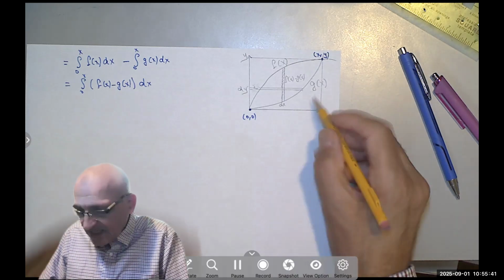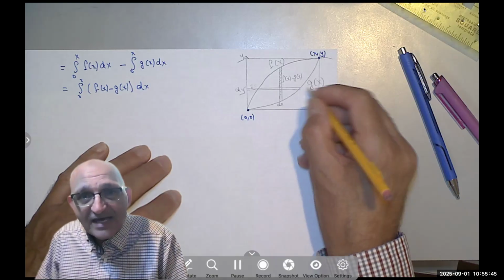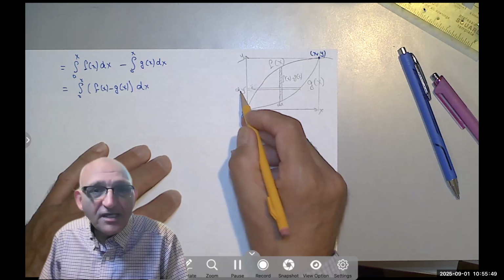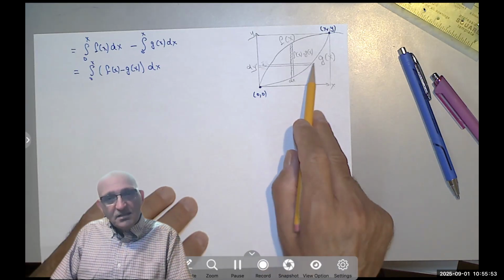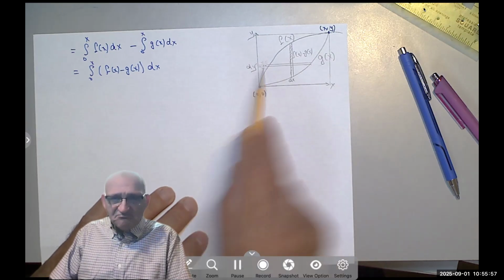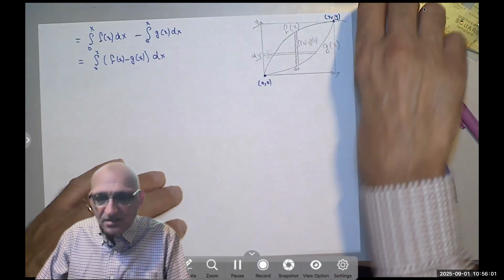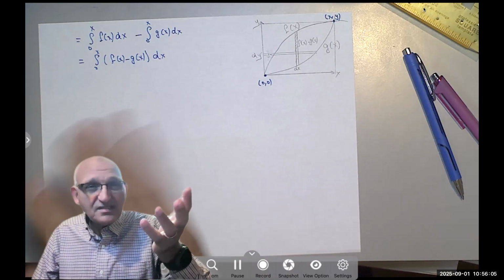So it would be g inverse of y minus f inverse of y dy. You can do that, especially if the function is easily inverted, and we'll see maybe an example like that.